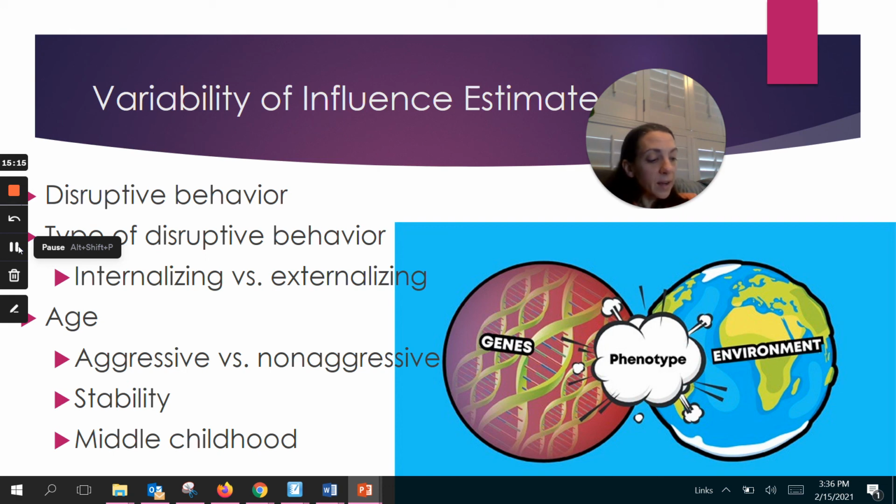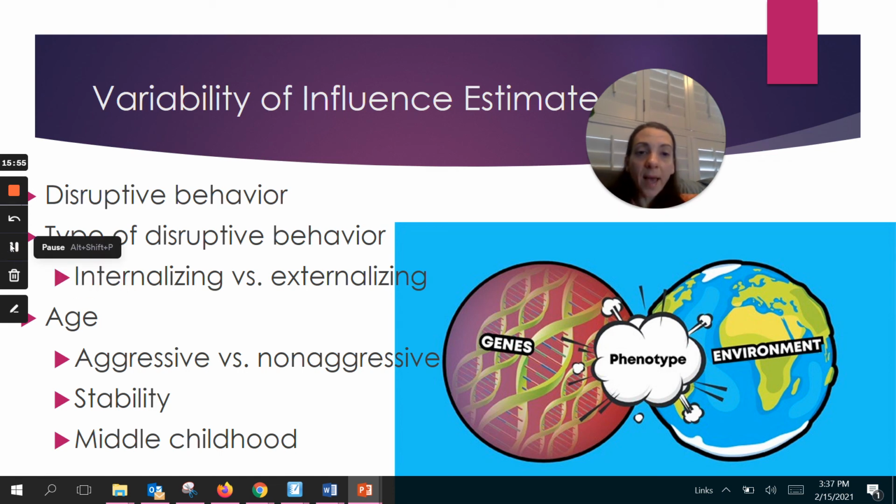So 48% was genetic influence for non-aggressive antisocial behavior, and the rest was a combination of shared and non-shared environmental influences. So that's a pretty big percent for non-aggressive antisocial behavior. For aggressive behavior, genetics and non-shared environmental influences accounted for 65%, and shared environmental influences only accounted for 5%. And the shared environmental influences explain the etiology of non-aggressive behaviors more than aggressive behaviors.